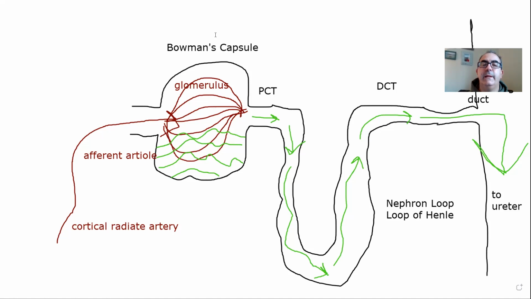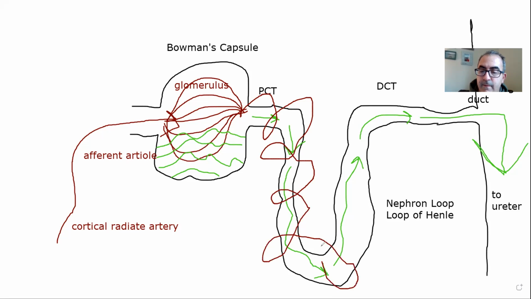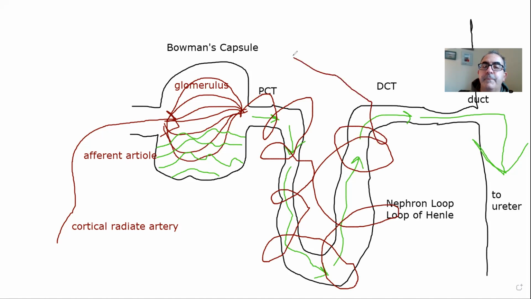So now bear with me for a second. What happens is you have blood vessels wrapped around here, right? Capillaries. Now, wrapped around each nephron are these capillaries.